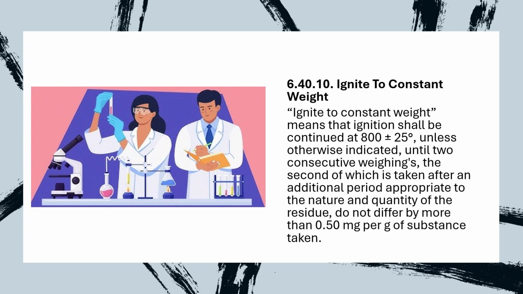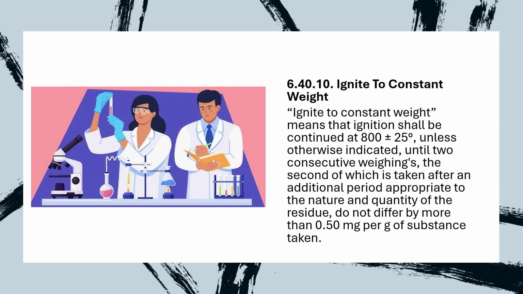So the next is 6.40.10, that is ignite to constant weight. The term ignite to constant weight means that the sample is ignited at 800 plus or minus 25 degrees Celsius unless otherwise specified, right? So you need to perform the loss on ignition test at 800 degrees Celsius.